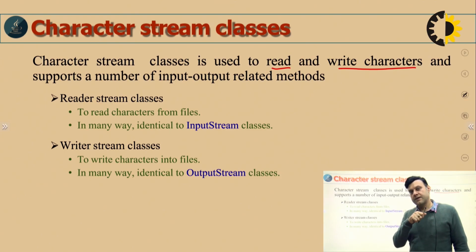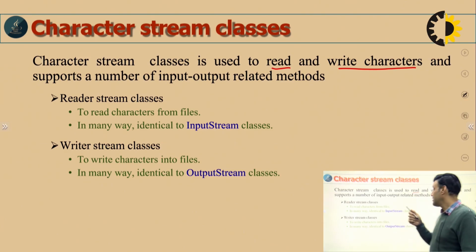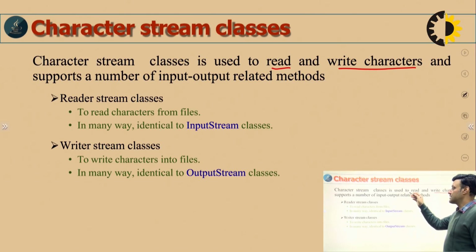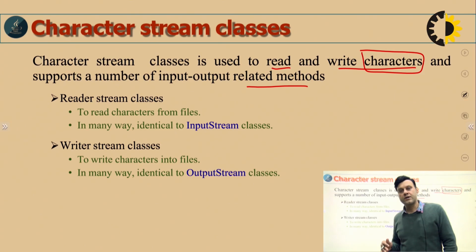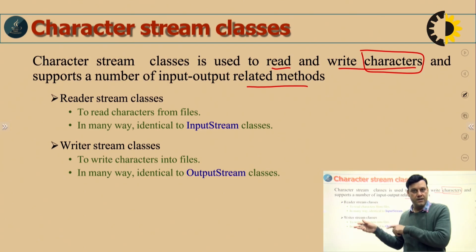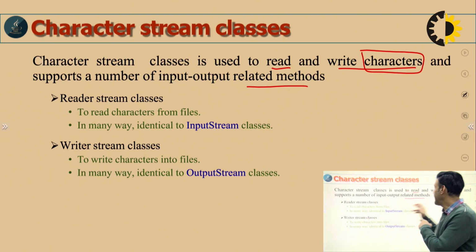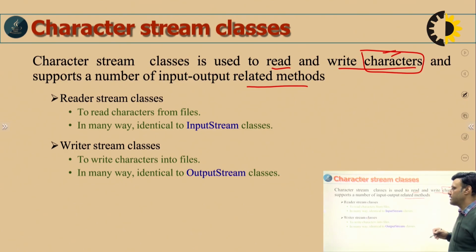In the file streams that we have studied, input stream and output stream, there we studied the classes used to read and write streams. Now here we are using characters, and it will support a number of input output related methods. The same number of input and output related methods were present in the byte stream classes, and here also in the character stream classes.